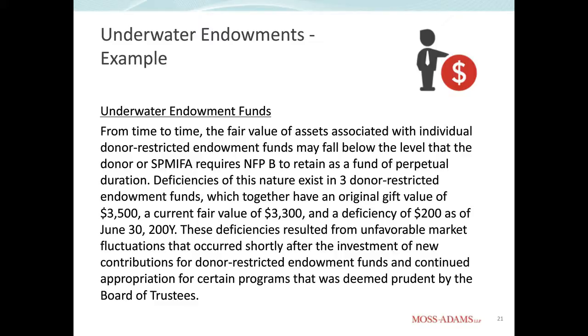The disclosures also here show what a board has done as far as the continued appropriation for certain programs that they deem prudent by the Board of Trustees. So additional information here for you as an example that you can use in moving forward with this.